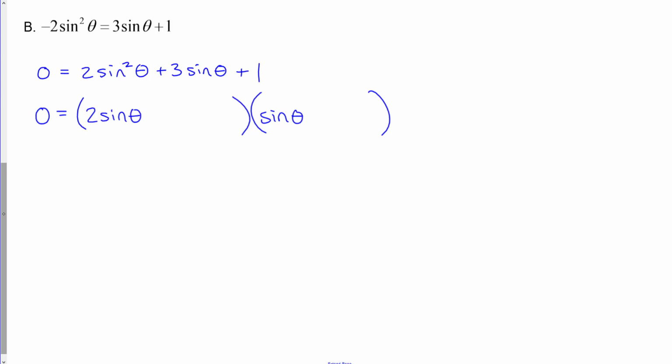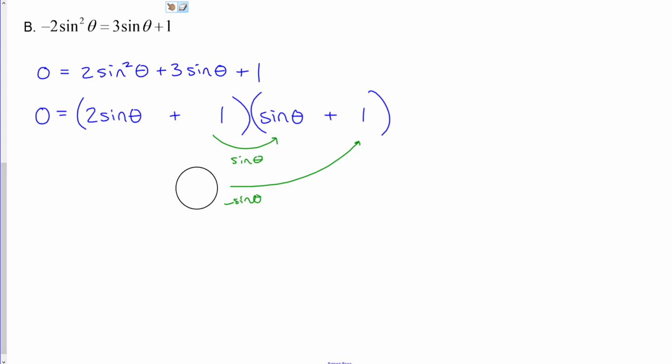And now I need two things that multiply to 1, so 1 and 1 are my only options. I just need the middle term to add up to 3 sine theta. So I think it's going to work fine if I just say plus 1 and plus 1. Because 1 times sine theta is sine theta. 2 sine theta times 1 is 2 sine theta. When I add these together, I get 3 sine theta. So it works out just fine.